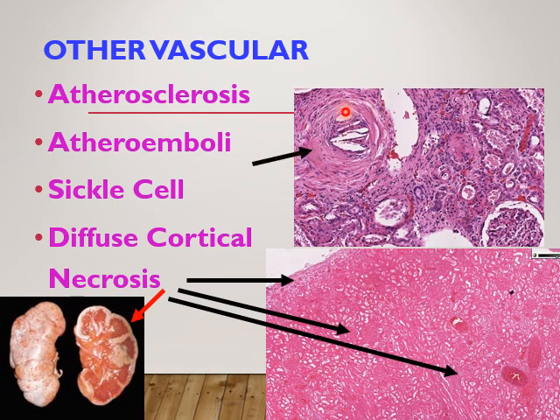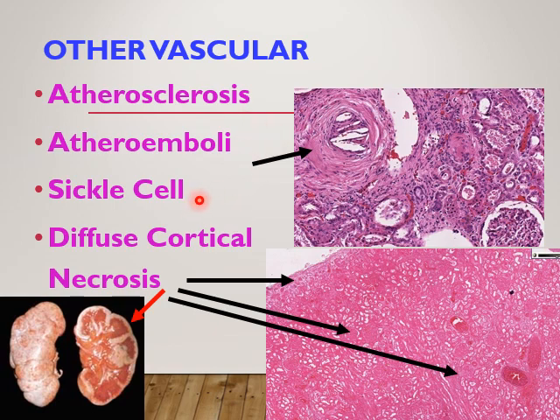You can see this atheroembolus plaque obstructing the intrarenal vessels. This picture shows the cholesterol clefts, these white dilated spaces, also called rhomboid clefts. So more commonly in older individuals with severe atherosclerosis, when this atheromatous plaque embolizes from the renal artery or even from the aorta into the intrarenal vessels, it causes atheroembolic renal disease.